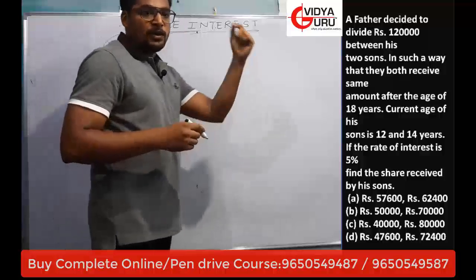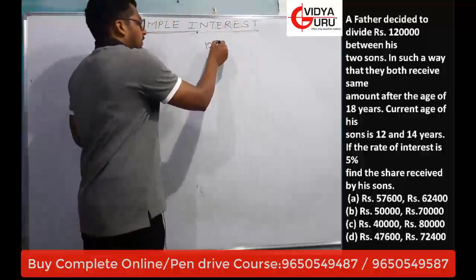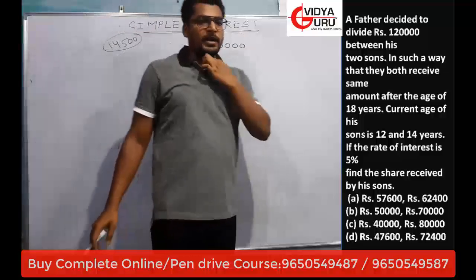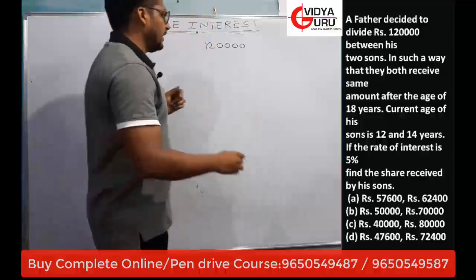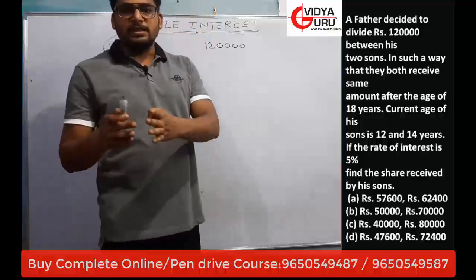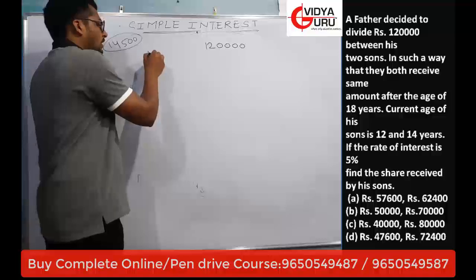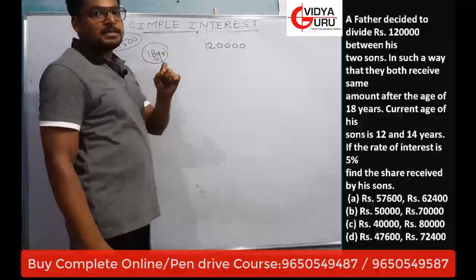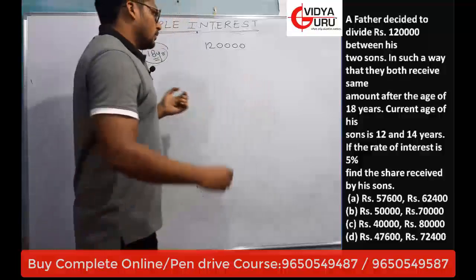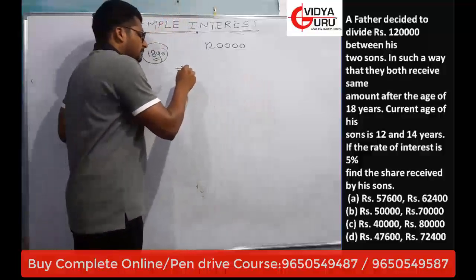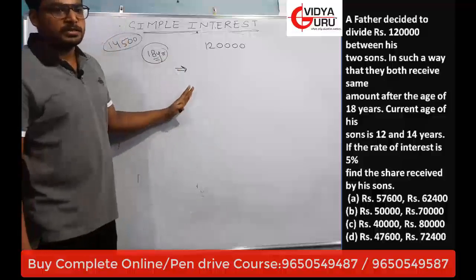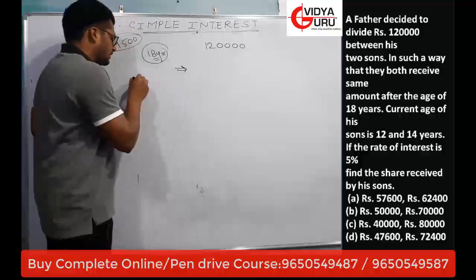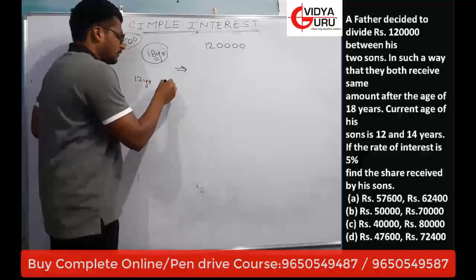A father decided to divide 1 lakh 20,000 rupees between his two sons in such a way that when they got 18 years, they received the same amount. I will tell you a very simple method to solve this question. The question is saying that one son is 12 years old and another son is 14 years old.